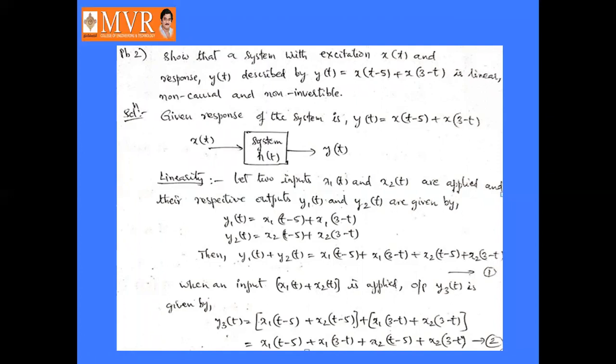Let two inputs x1 of t and x2 of t be applied, and their respective outputs y1 of t and y2 of t are given by y1 of t equals x1 of t minus 5 plus x1 of 3 minus t. Similarly, y2 of t is equal to x2 of t minus 5 plus x2 of 3 minus t, right?